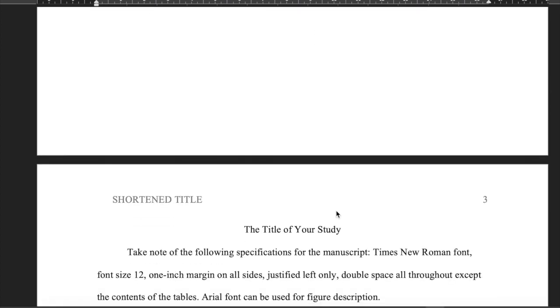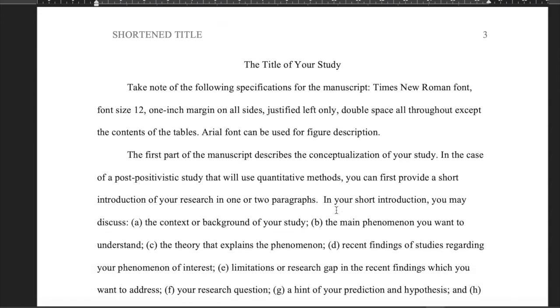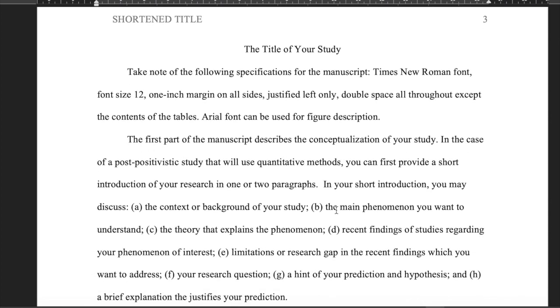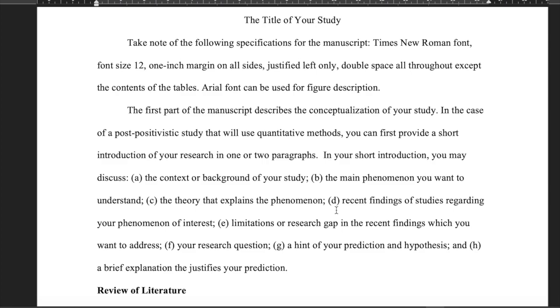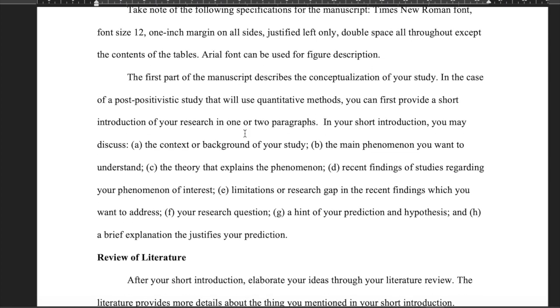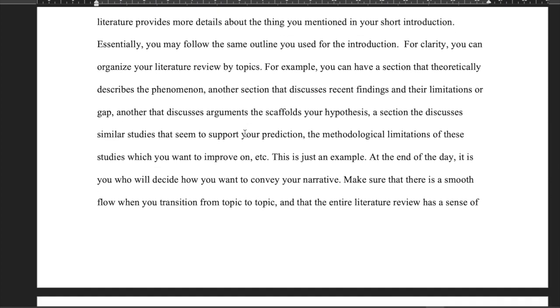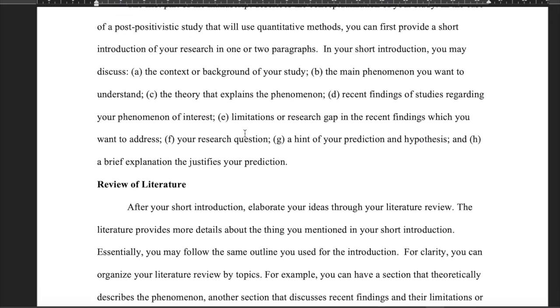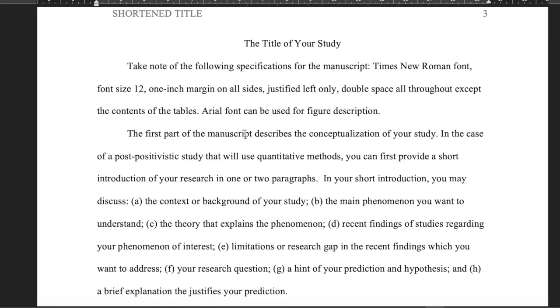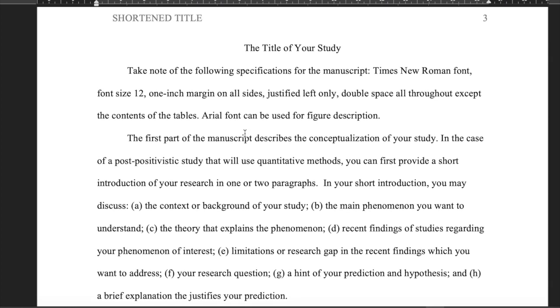So in the template that I will be giving you, I will also post a link in the description below. I included some reminders that you can read within the template. The template serves two purposes.